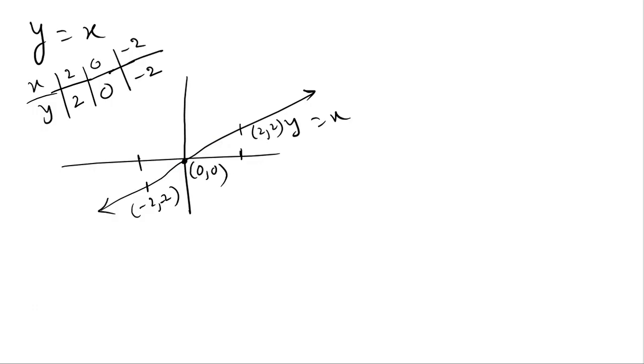Now what am I changing? I am considering y equal to 2x. Now what will happen? The graph will be expanded or stretched along the y-axis. That means you will take the same values of x and y. If x is 2, this will become 4. That means if it is 2, the graph will be here at 4.